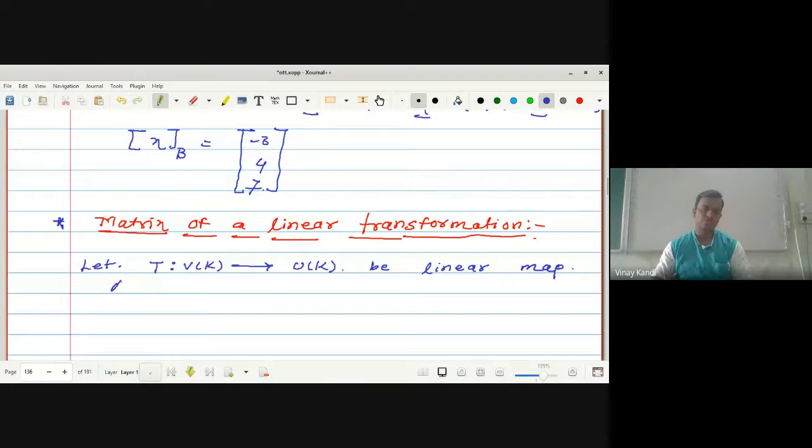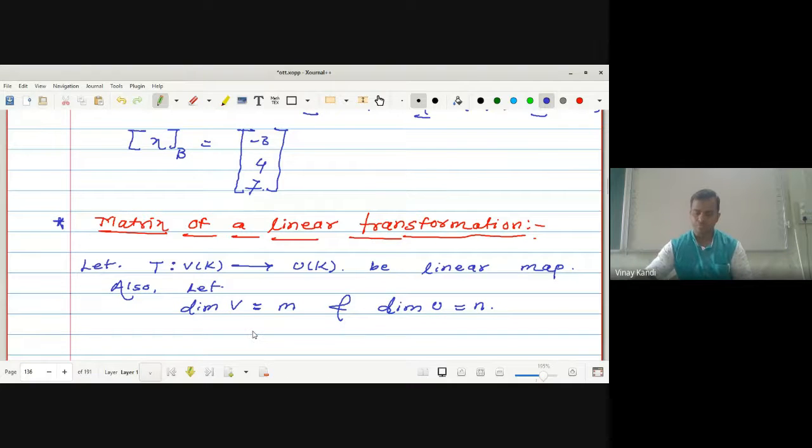And also let the dimension of V, that is the number of elements in the basis set, be m, and the dimension of your codomain U be n, small m and small n.